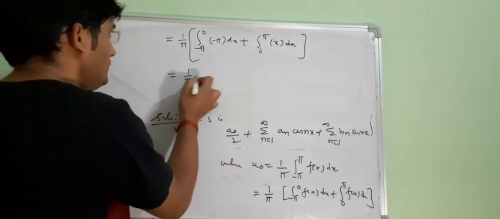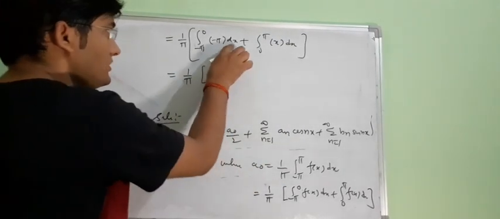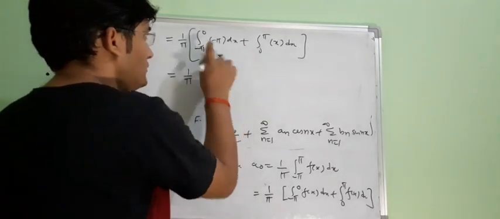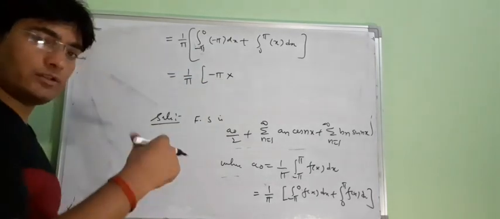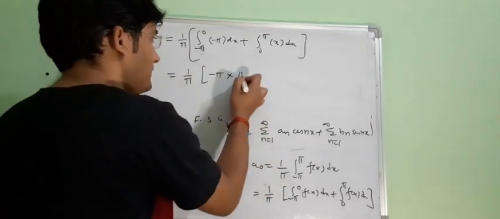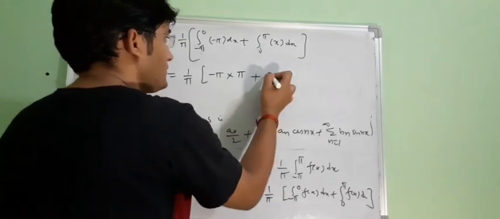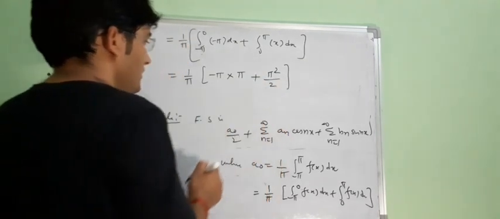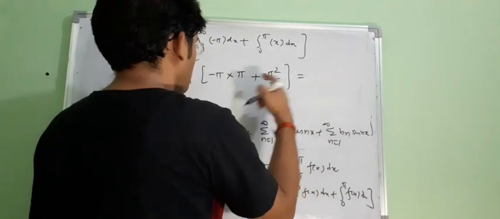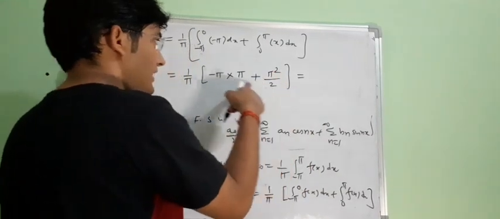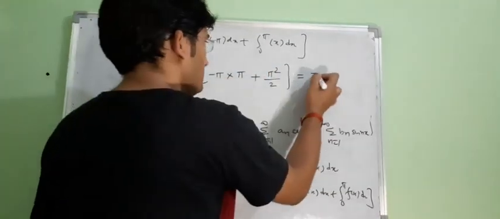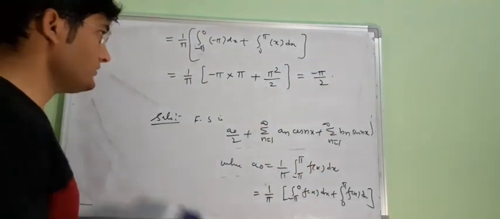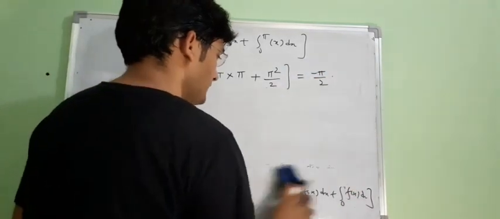So this is equal to minus pi, then the integration of dx will be x. So the upper limit is 0 and the lower limit is minus pi, so this will be pi. And here the integration of x will be pi square by 2. So this is minus pi square minus 2 pi square plus pi square, that means minus pi square by 2. So your a naught is minus pi by 2.